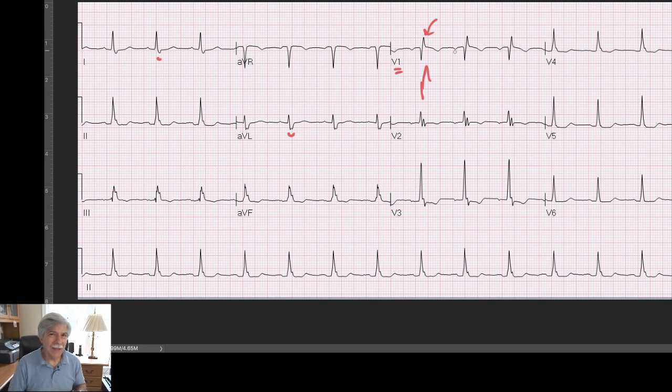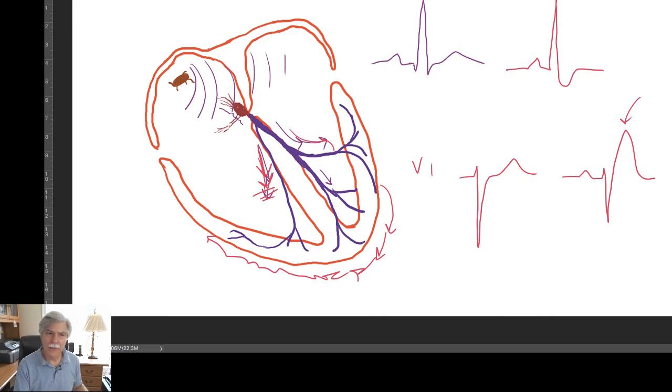Well, what does it mean to have an incomplete right bundle branch block? Is it like being a little pregnant? I mean, it's either blocked or it's not blocked, right? So the point is that the word block is really misleading because it makes you think that the right bundle branch is actually blocked, and it's not, or it doesn't have to be.